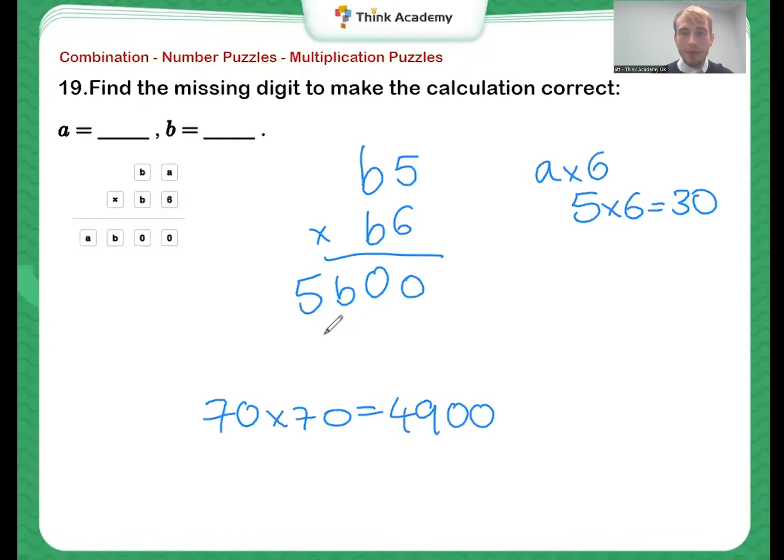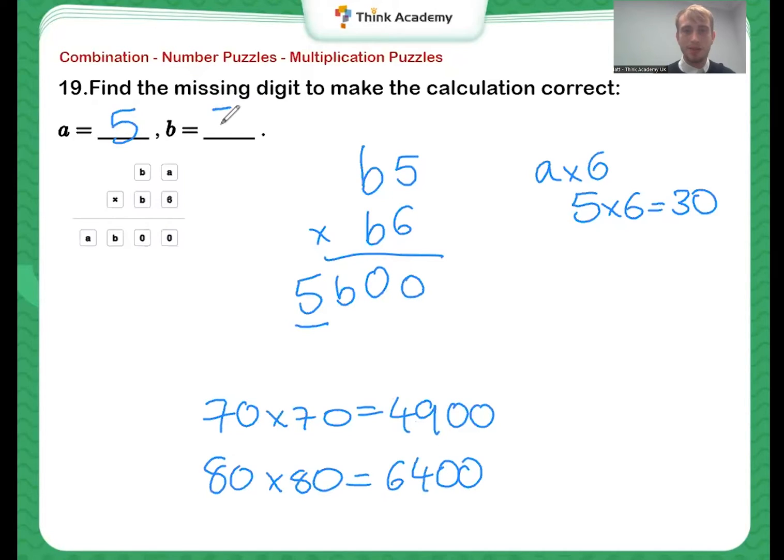Now, it could be that because this is bigger than 70, it's 75 and 76. So it's in the right range. Let's see if it could be in the 80s. 80 times 80 gives me 6,400. Okay, and that's already bigger than my answer. It starts with a 5. So the key thing here is to realize it's in that range. So it's got to be in the 70s. That tells you that A equals 5 and B equals 7.